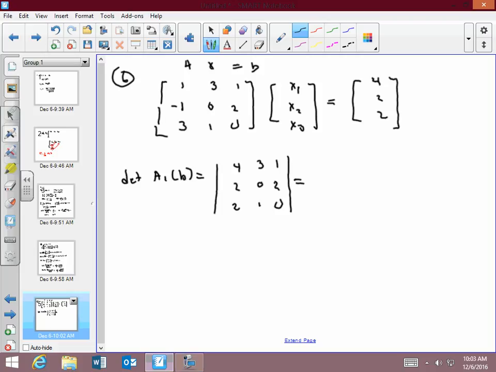Okay. So what do you think? What should we do? Any idea? Does anyone see an easy way to do that determinant?